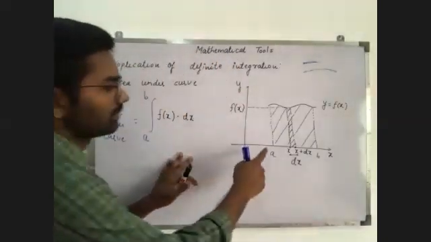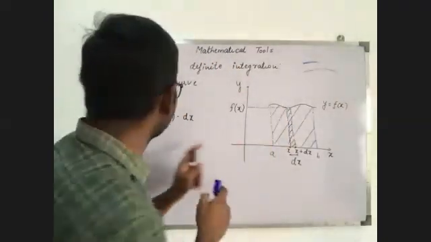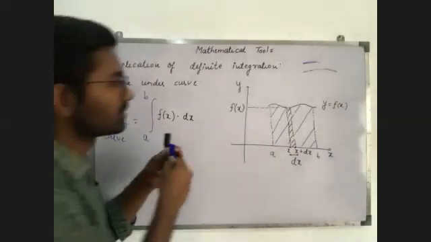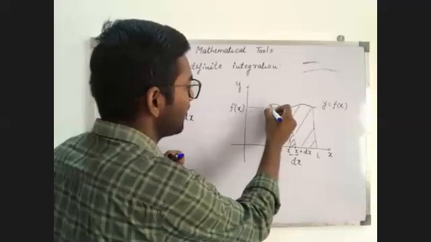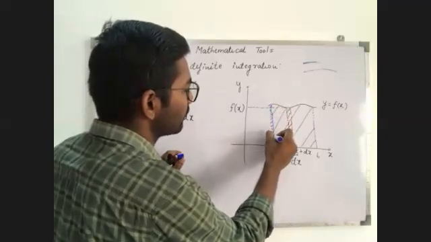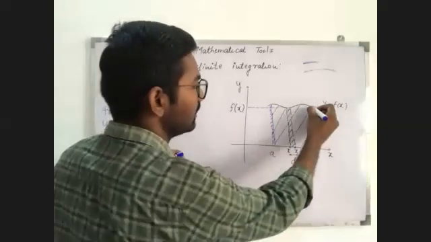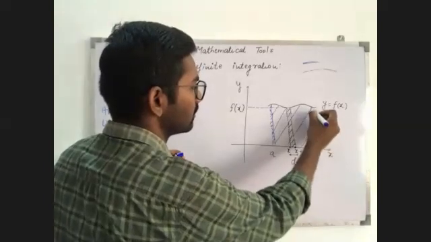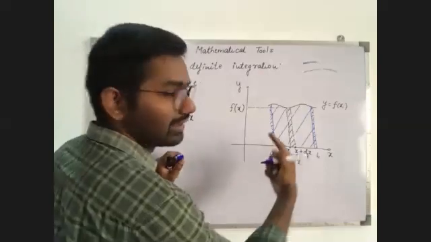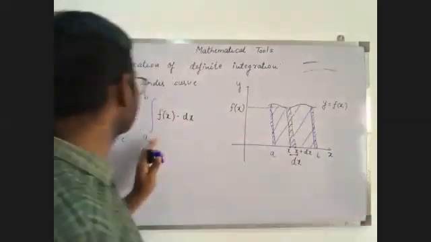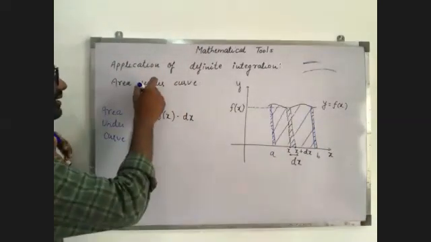Look here. First, guys, why have I written A to B? Because I will start adding the area of the strips from here till here. Can I say that I will start adding the strips from left to right? That's why I have written A to B. This is the higher limit.